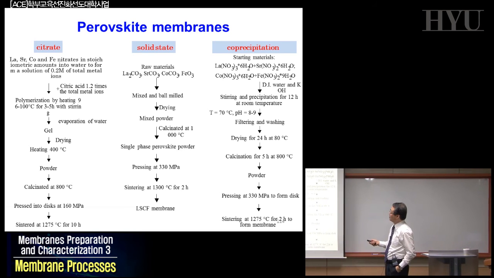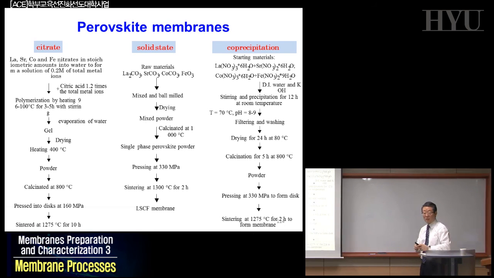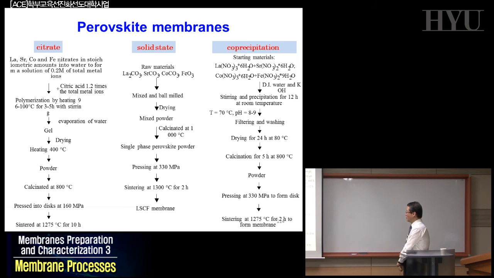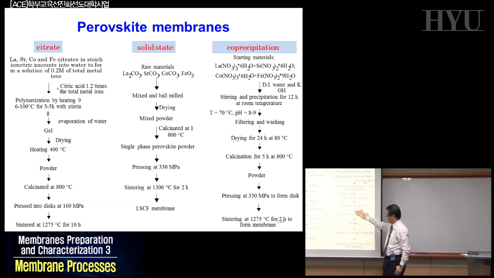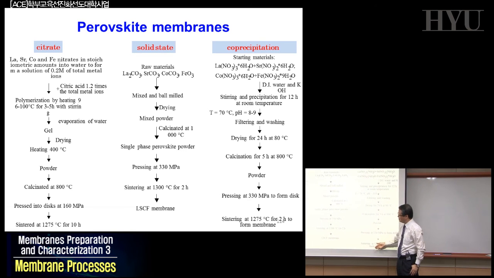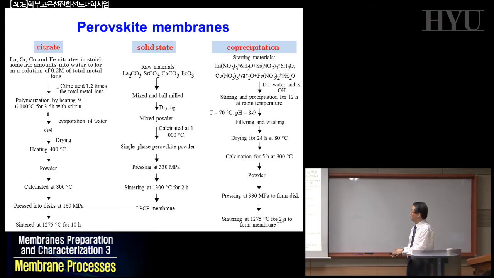You see, you have a mixture of several components, and depending upon your compositions, you have different perovskite membranes. But you see, there are a lot of other processes, and finally you sinter them at different temperatures, over or close to 1300 degrees C.